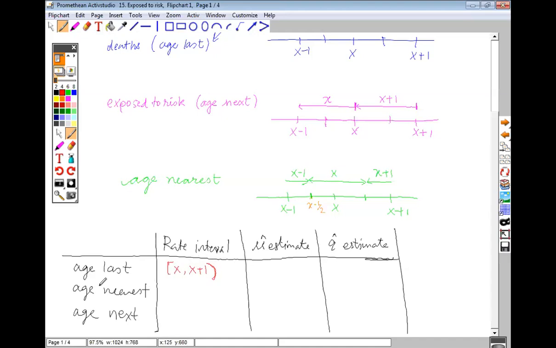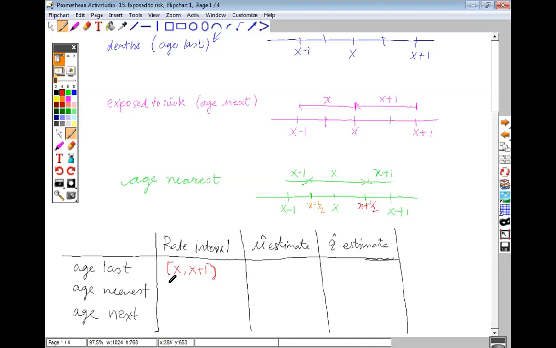And if I'm looking at age X nearest, what are the times when I can call myself being of the age X? That starts at X minus half and ends at X plus half.